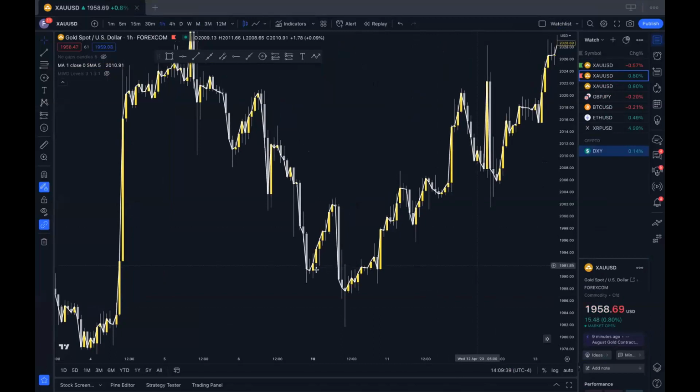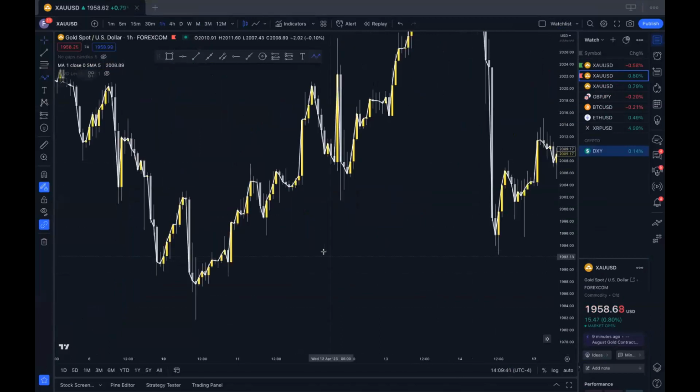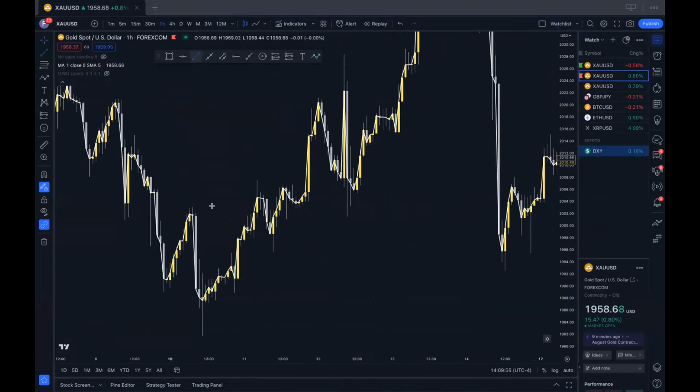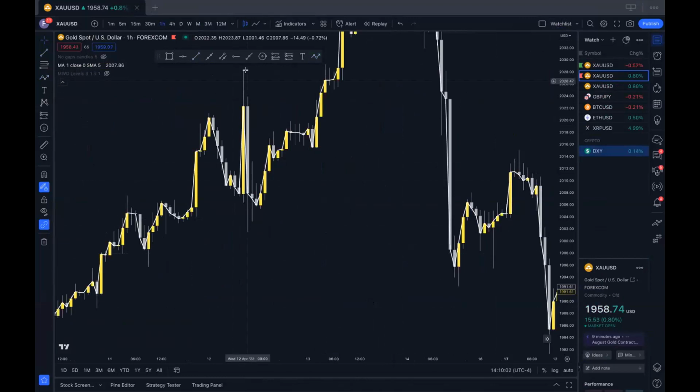TL type 5 is the head and shoulders trend line. Okay. So let's find that. This one. Not really, not the cleanest one.